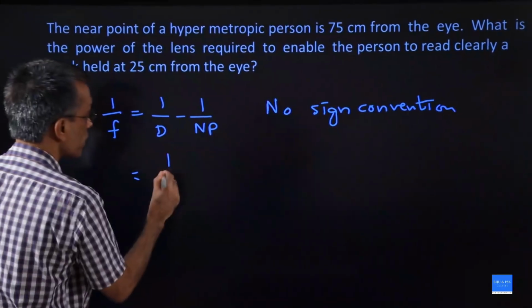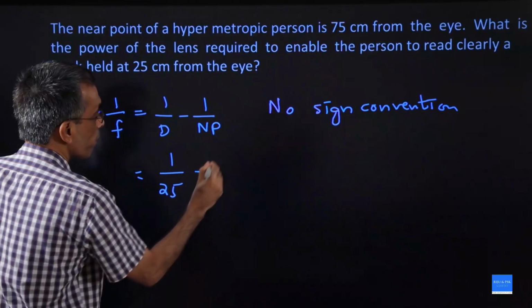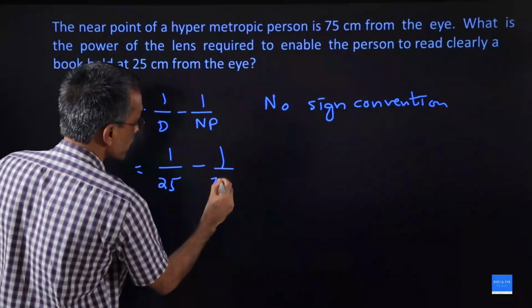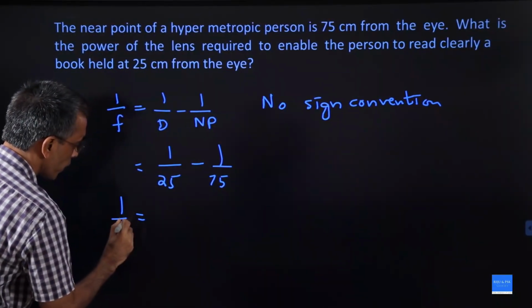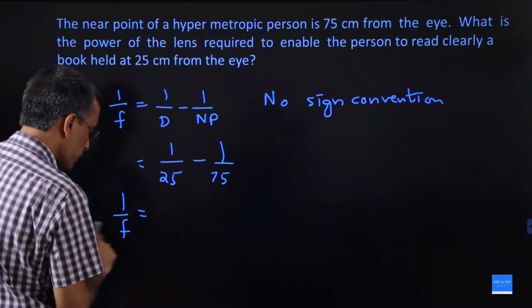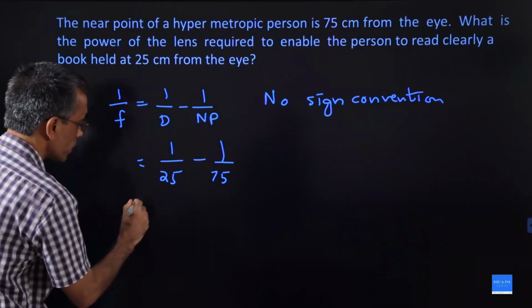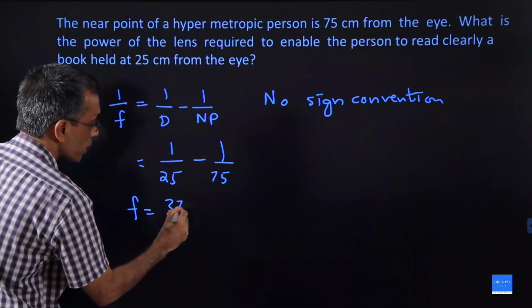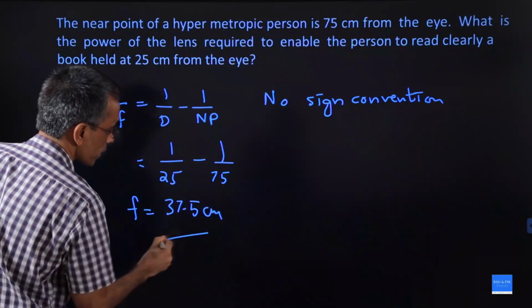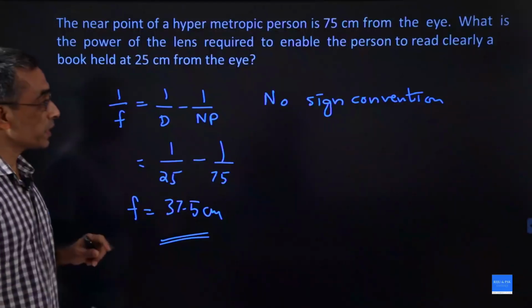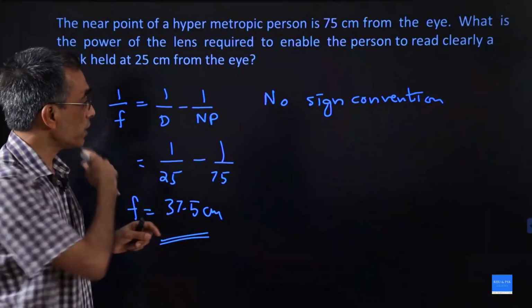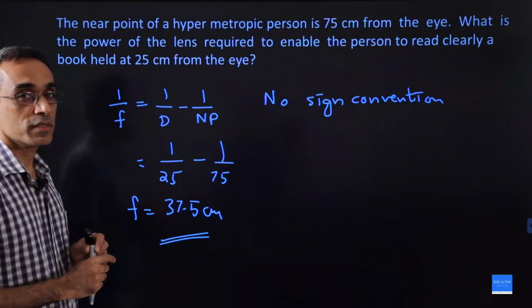Do not apply any sign convention. d is 25 minus the near point of the person, 75. This gives you the previous calculation, f equal to 37.5 centimeter. For entrance examinations, I suggest this method: no convention, direct values only.